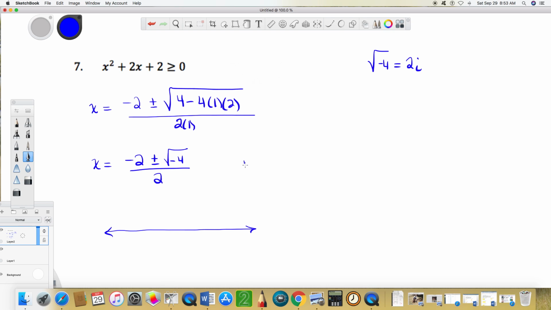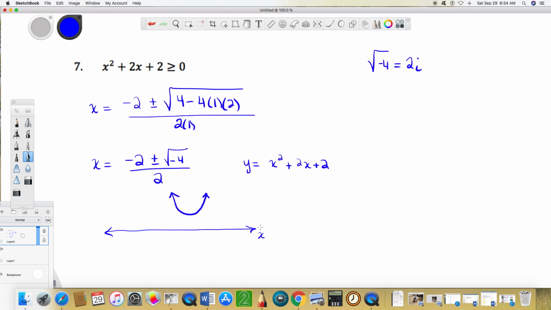Well, if we think about what the graph of x squared plus 2x plus 2 looks like, that is a parabola that opens upward. And with this being undefined in the set of real numbers, that means this parabola lies entirely above the x-axis.